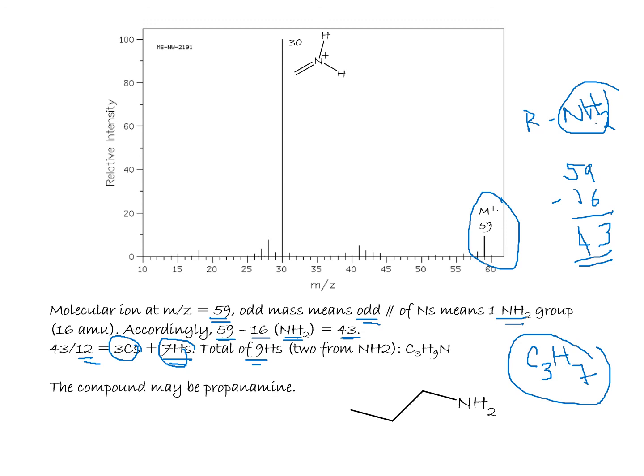Plus 2 from the NH2, a total of 9 hydrogens. So your compound is C3H9N. That's a very simple compound. If you have this very simple amine, you are expecting alpha cleavage to form a double bond here, and this is the base peak.